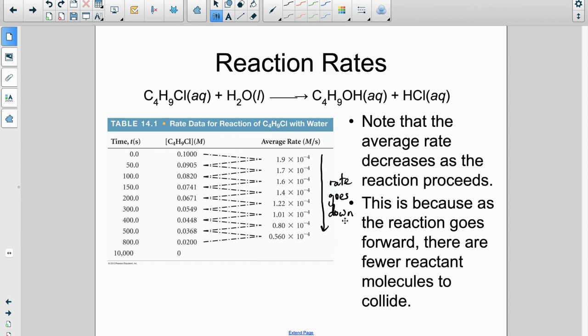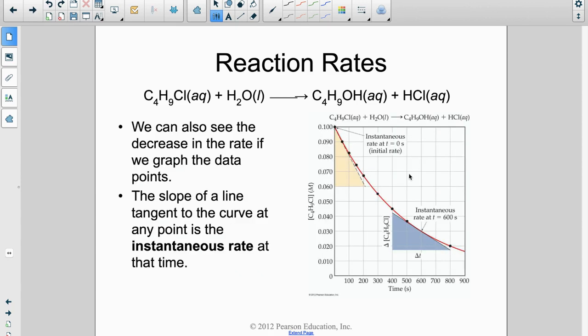It's going down and down and down, because as the reaction proceeds, less and less reactant molecules are present, because some of them change into products, and so we have a lower and lower concentration, and that leads to fewer collisions, fewer molecules which collide, and therefore the rate goes down over time. When we plot the concentration versus time, we can obtain a graph of what the rate is doing.